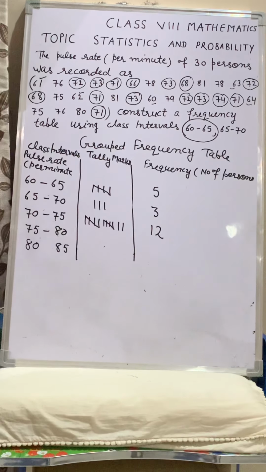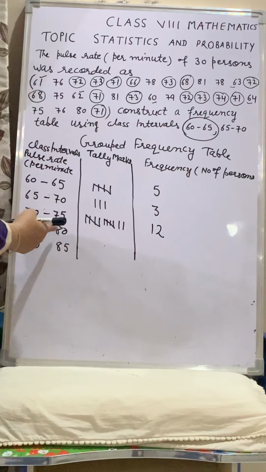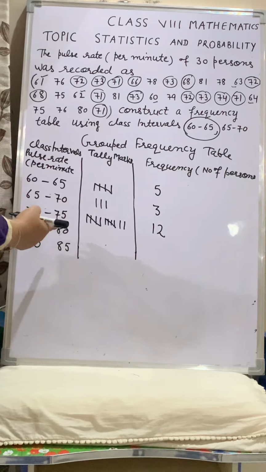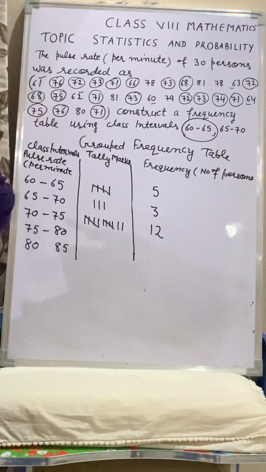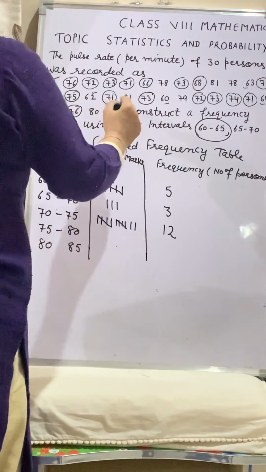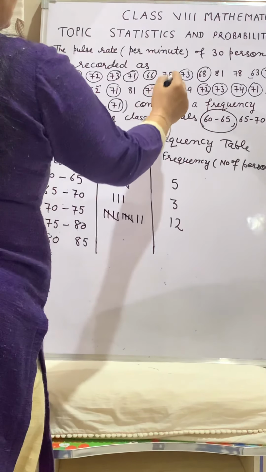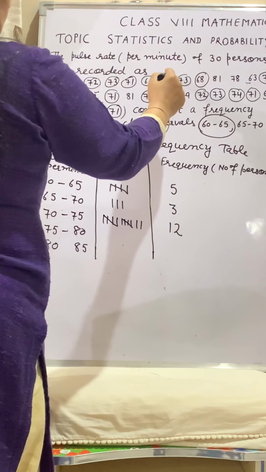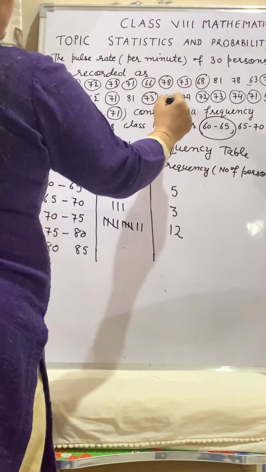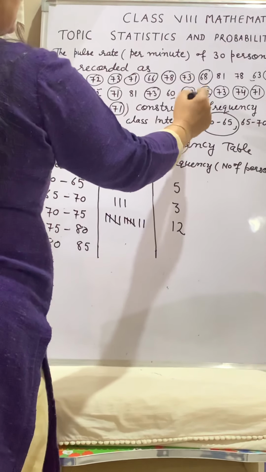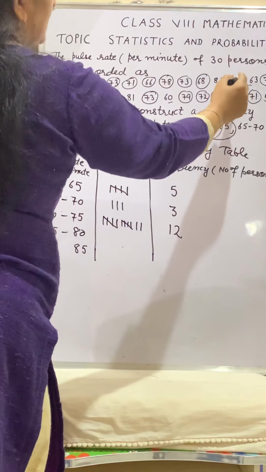Now in the next group we count 75 to 79: 1, 2, 3, 4, 5, 6 and 7.